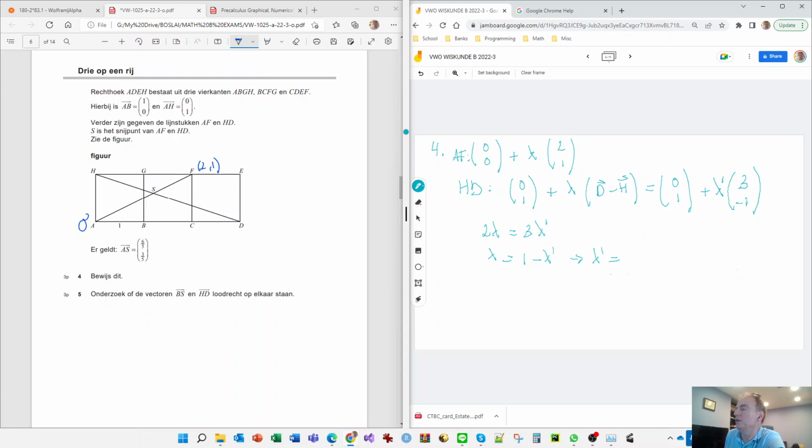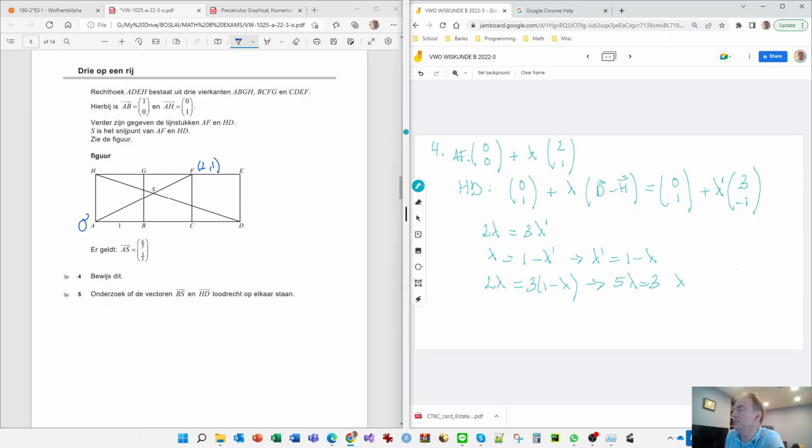Bring lambda prime to the left and lambda to the right, so lambda prime is 1 minus lambda. Putting it back in equation 1, 2 lambda is 3 times 1 minus lambda. I put the lambda term to the left, so I get 5 lambda is 3.